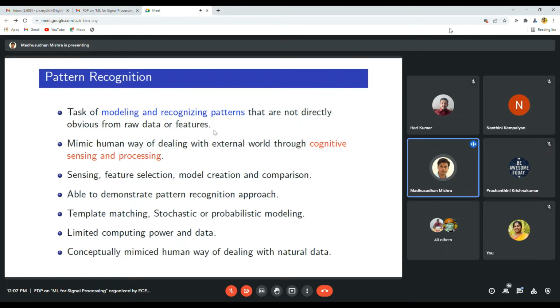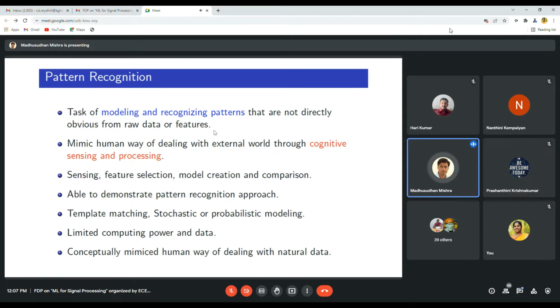Sensing, feature extraction, selection, model creation and comparison demonstrate the pattern recognition approach. Template matching and stochastic or probabilistic modeling all come under pattern recognition.